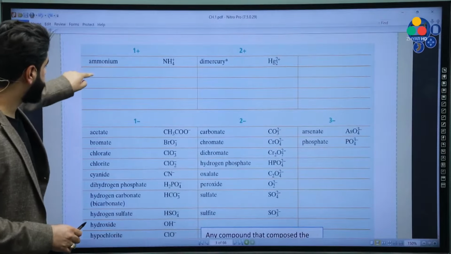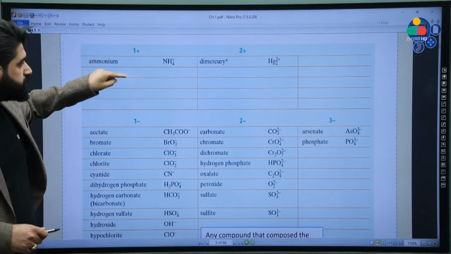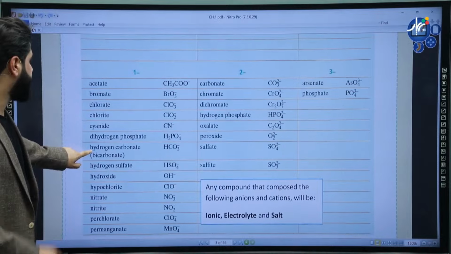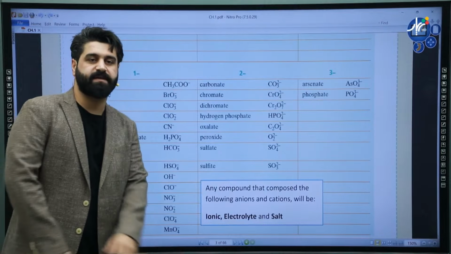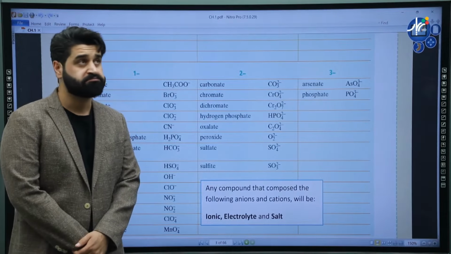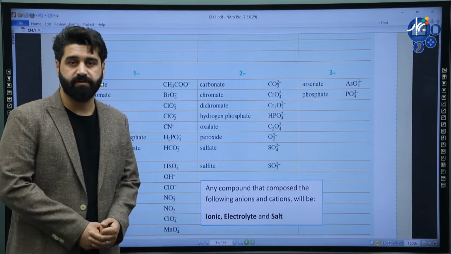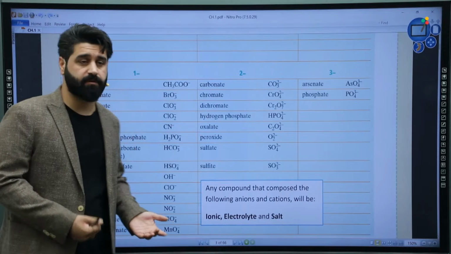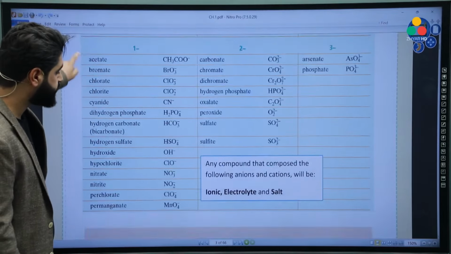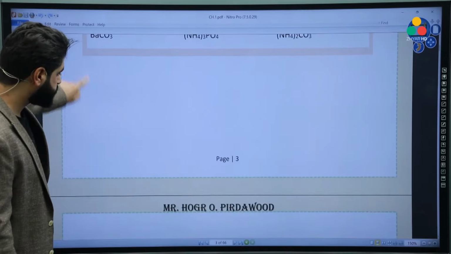It's very important, you have to remember. We don't have enough time to explain the acetate CH3COO negative. What's the importance of that? Nothing. You have to memorize it, so it doesn't need explaining.